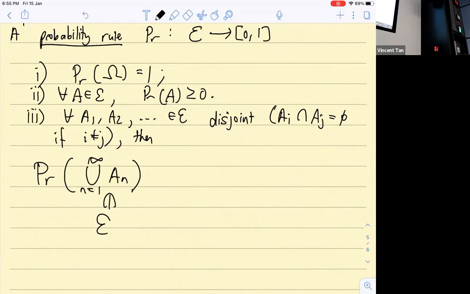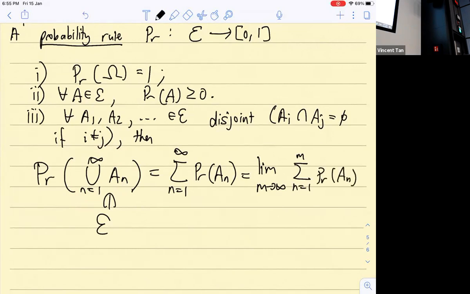So the axiom claims that this is the sum from n equals 1 to infinity of the probability of An. Formally, an infinite sum is defined as the limit as m goes to infinity of the sum from n equals 1 to m of the probability of An.